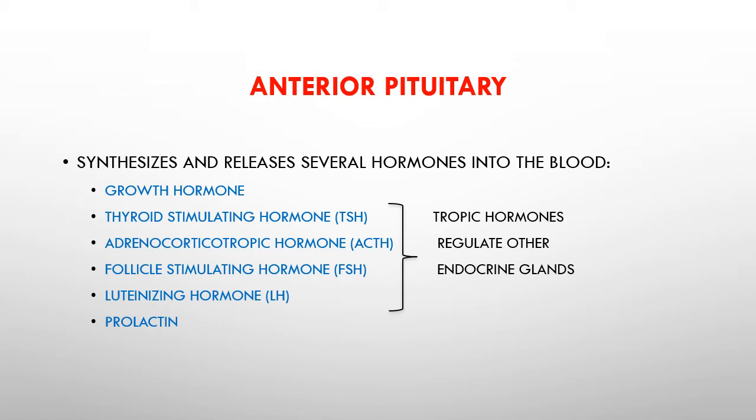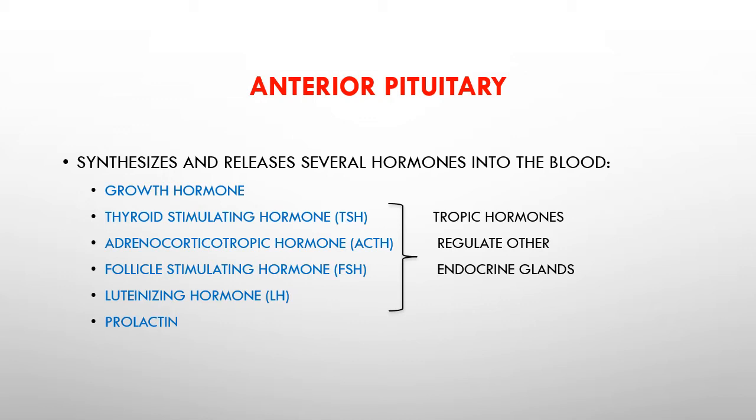These are stimulated by a hormone both on the positive side as well as the negative side. Several of the hormones that we have here are what we refer to as tropic hormones, and these are going to go and stimulate another endocrine gland. They're going to go down to the next level, in a sense, and stimulate the next endocrine gland.